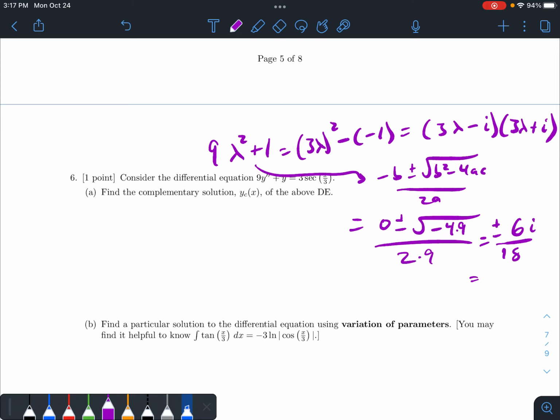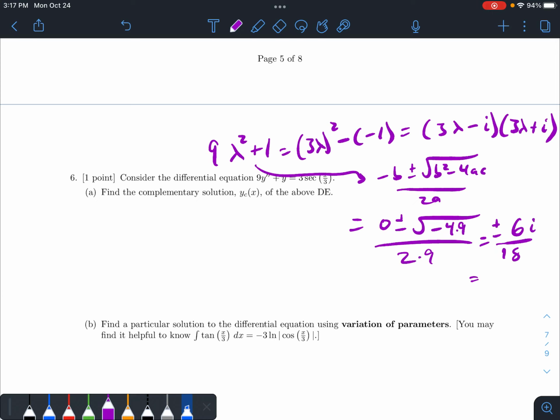Okay, so this tells us that this is equal to 0 plus or minus 1/3 of i. And we can get our roots the same way up here, because this tells us that lambda is equal to i over 3 for the first one, and negative i over 3 for the second one, so we get the same answer in the end anyway.